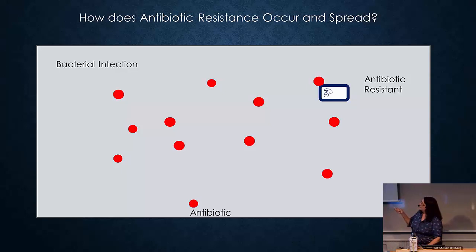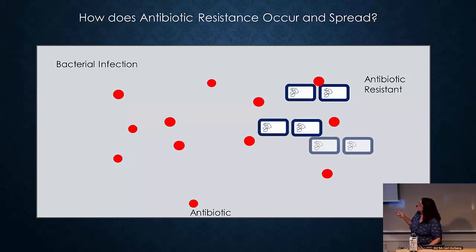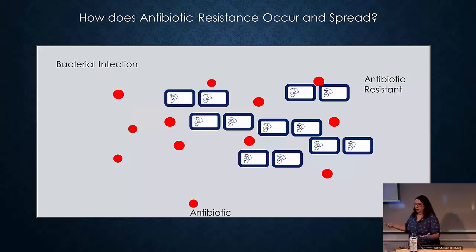And what happens then, everybody else is killed off, but this one will start to grow and divide and make more and more, and the infection would come back. So that's the essential concept of what antibiotic resistance is. Are there any questions about that? We're going to go into much more detail, of course.